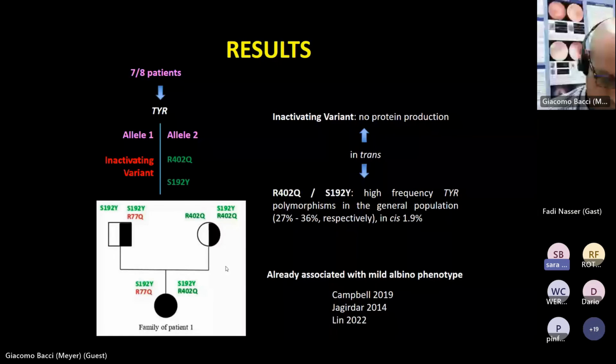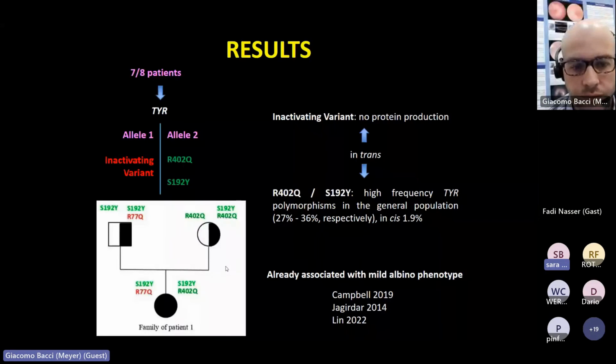And this allele comprises one inactivating variant on one allele, in trans with two known polymorphisms of TYR, which taken together, in a recent work from American colleagues, are indicated as the cis-YQ allele. And we know that this genotype has been associated by many works with a mild albino phenotype.